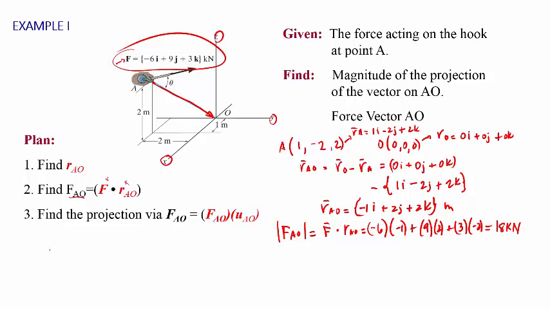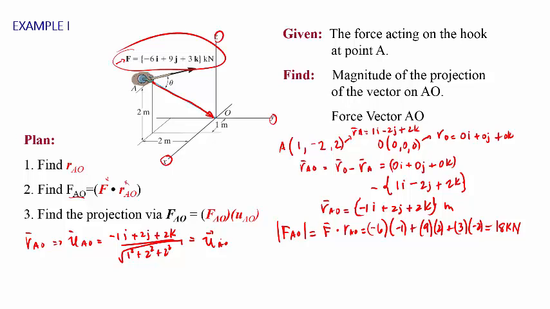So if I have the vector RAO, then I need the unit vector in that direction, which would be minus 1I plus 2J plus 2K divided by its magnitude, okay, and this would be UAO.